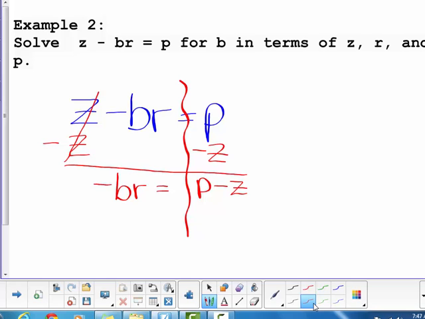It's actually this negative over here next to the R. So if I divide both sides by negative R, I will get rid of that negative and the letter R. When I do that, the R's cancel out instead of the negative sign.